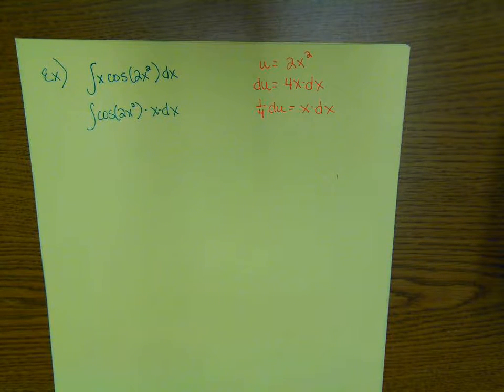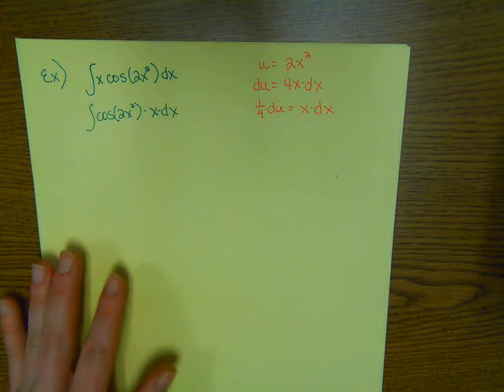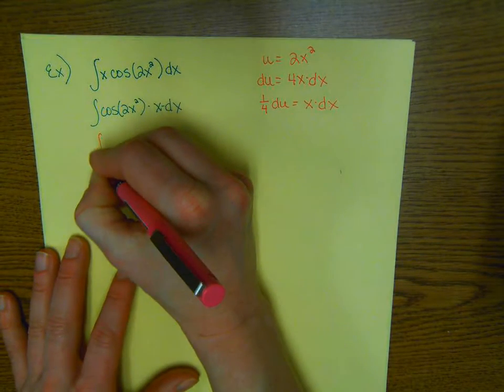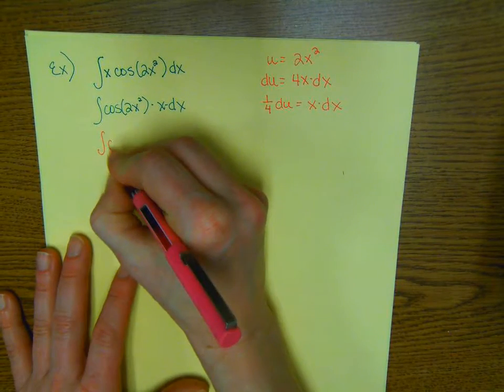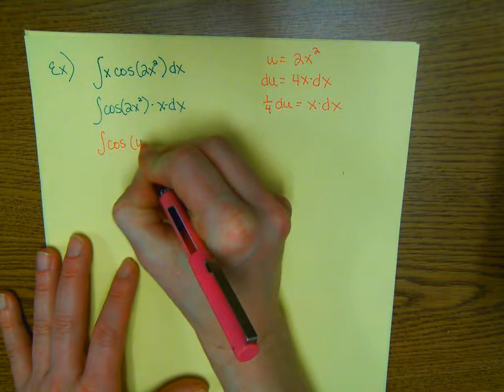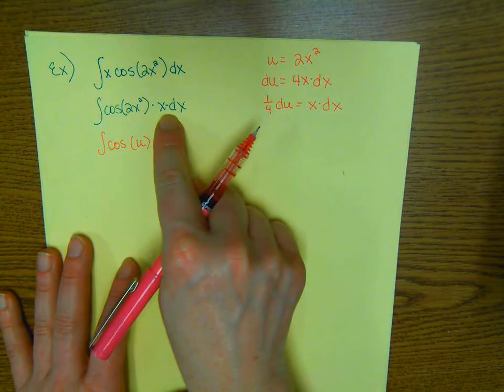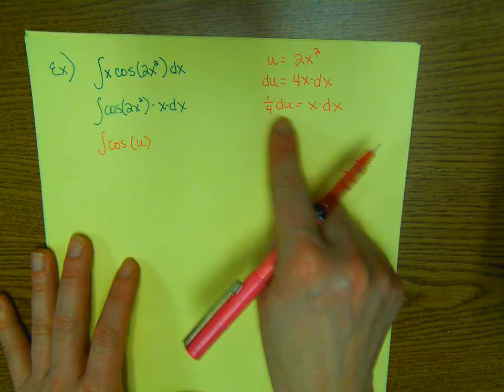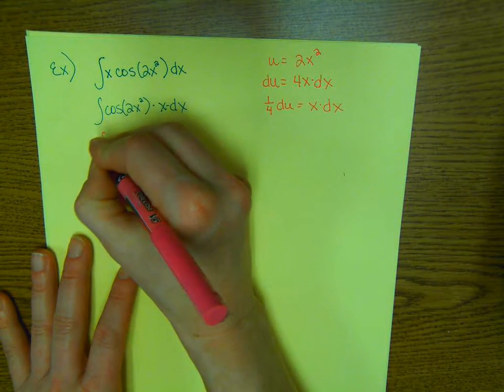So I'm going to rewrite it now. This is the integral of the cosine of u. Instead of x dx, I'm going to write 1/4 du. I like to put the 1/4 out here.